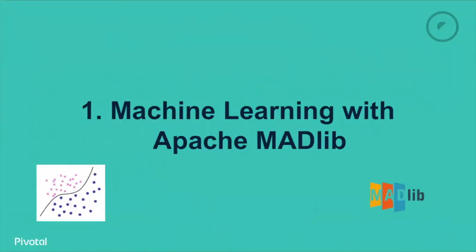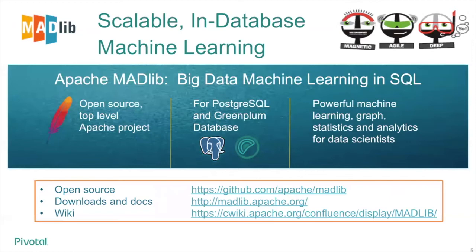Okay, let's start with machine learning with Apache MADlib. Now, MADlib is an open source SQL-based machine learning library. It is a top-level project at the Apache Software Foundation, and it runs in database in both Greenplum and Postgres.